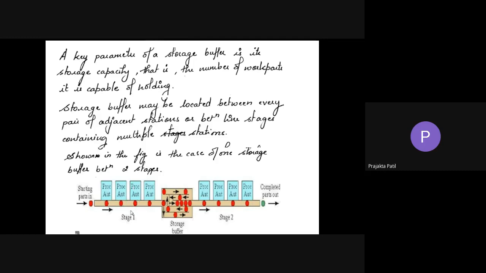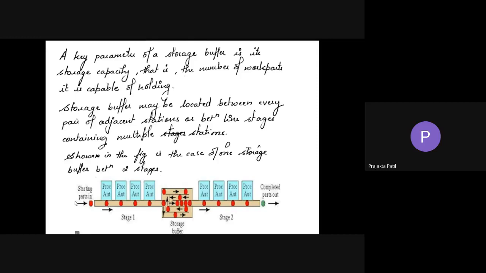You can have 5, 6, it depends. If you want, you can equally divide the stations into half, or you can equally divide them into 3 stages. If you have 3 stages, you'll have 2 buffer storages. Suppose you consider 10 stations, you can have 1 buffer storage after 3, then after 6 workstations. So shown in the figure is the case of 1 storage buffer between 2 stages.